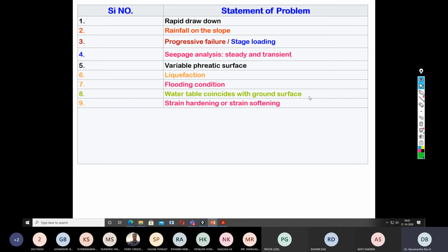Then there is another thing called strain hardening or strain softening. Okay. If you want to ask me any other question, you are most welcome.